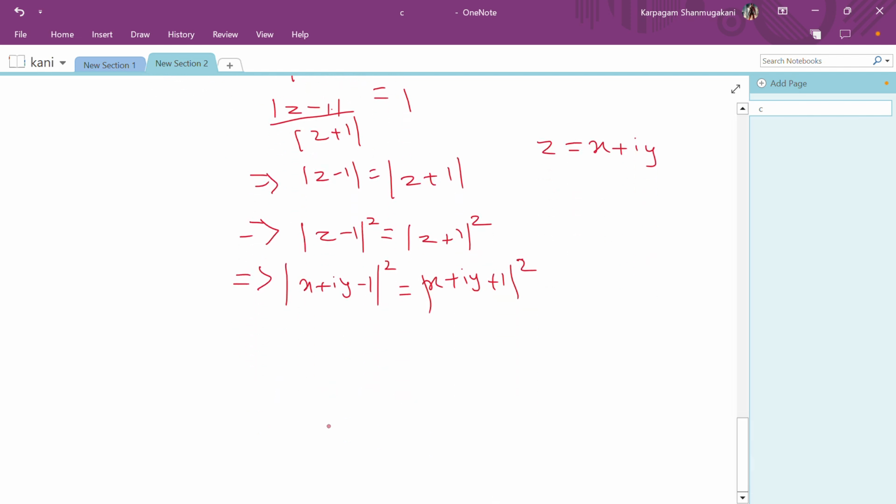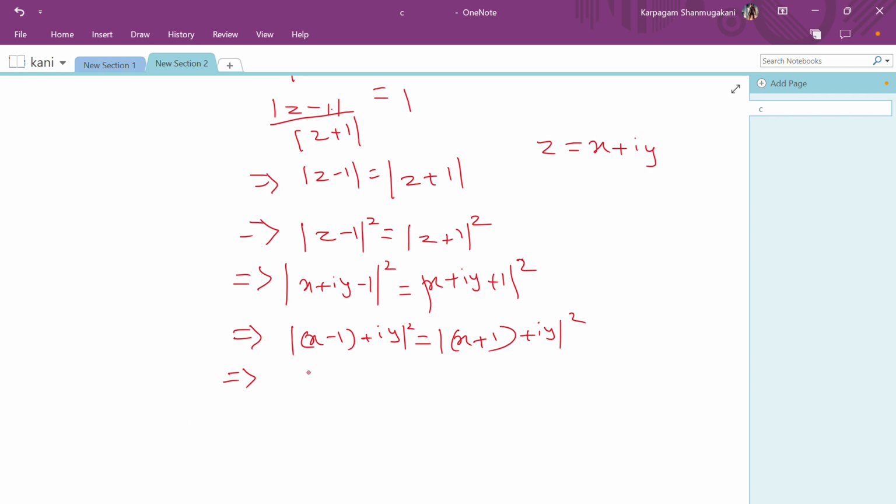Now separate the real and imaginary parts. On the left side, X minus 1 is the real part and the imaginary part is Y. Then on the right side, X plus 1 is the real part and Y is the imaginary part. What is the formula for modulus of Z? Root of real part square plus imaginary part square.